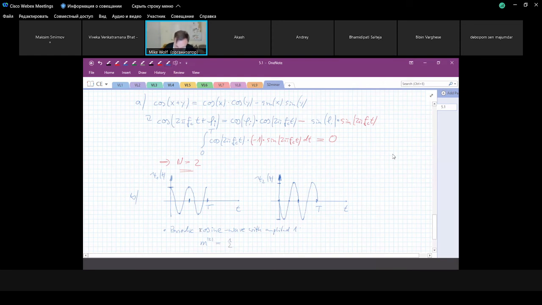Why? Because the effective value of this cosine is 1 by square root of 2. This means the mean power is 1 by 2 if the amplitude is 1.